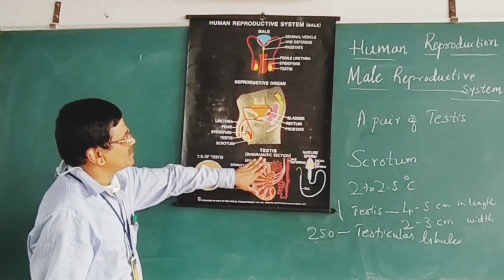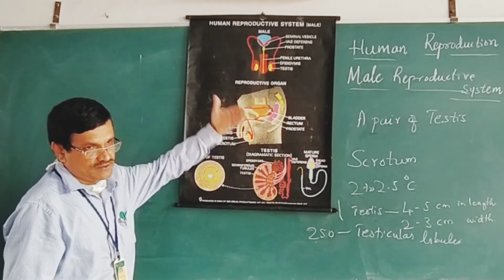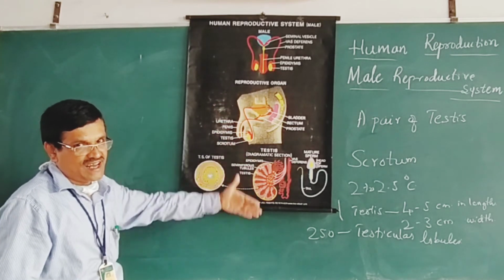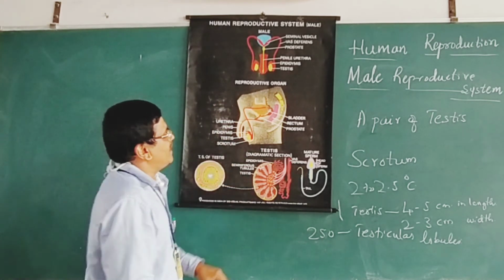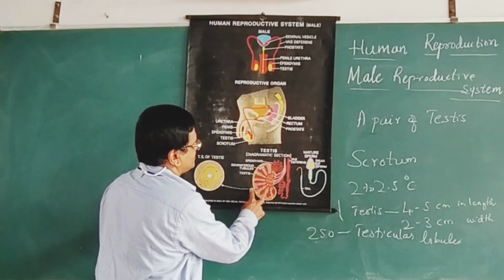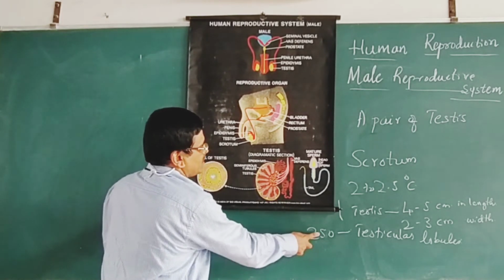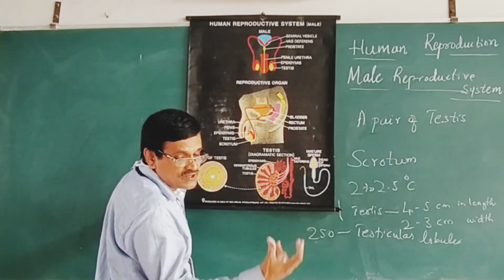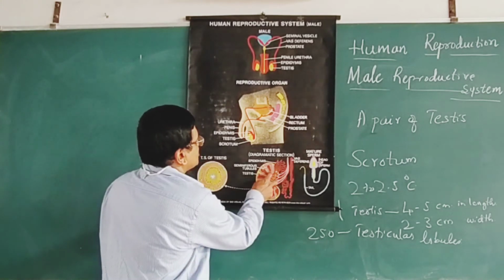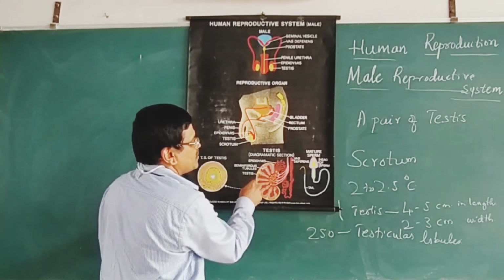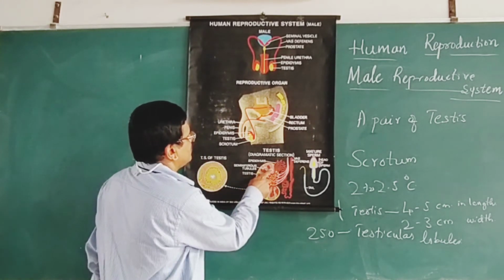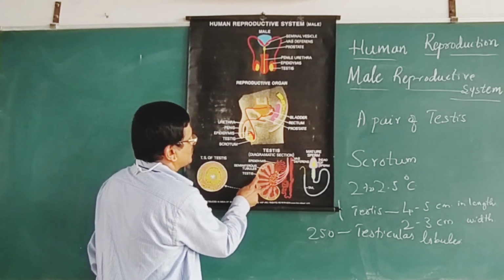This is a cross section of the testis, a sagittal section, and each testis consists of about 250 pouches known as testicular lobules. So these are the testicular lobules.